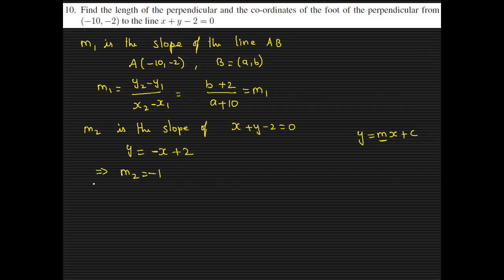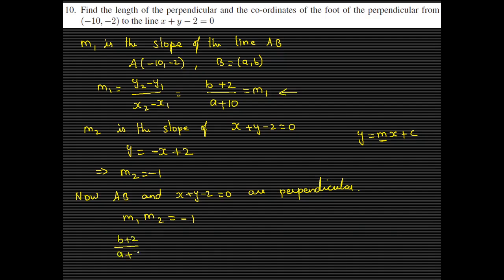Now AB and x + y - 2 = 0 are perpendicular. Therefore you can write m1 into m2 is equal to -1. What is m1? m1 is (b + 2) divided by (a + 10), into m2 which is -1, that is equal to -1.